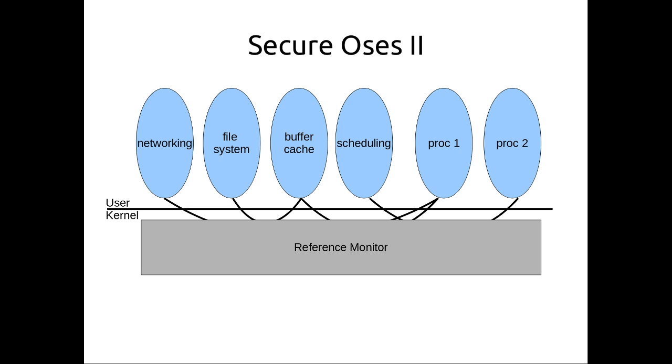So with microkernels, we try to remove as much of the policy from the system as possible and maintain only the simple mechanism within the kernel, right? And we can really think about the reference monitor being co-located with that very simple mechanism and indeed being part of it. So now the microkernel's job is to provide IPC between the different servers on the system, the different processes, the different principals on the system.